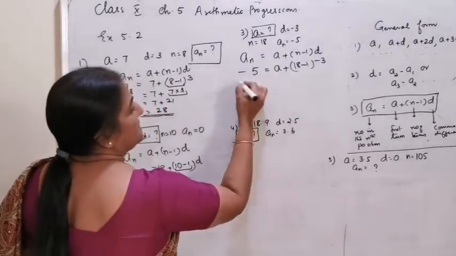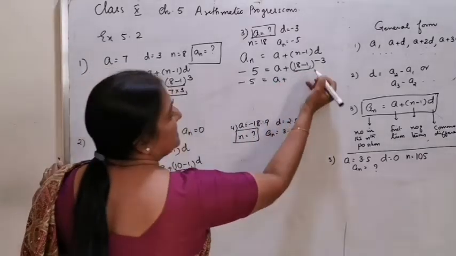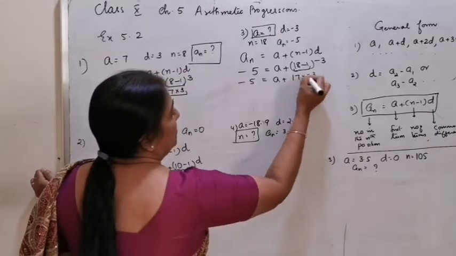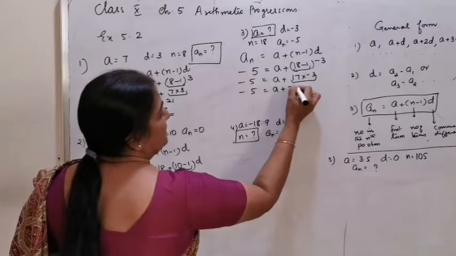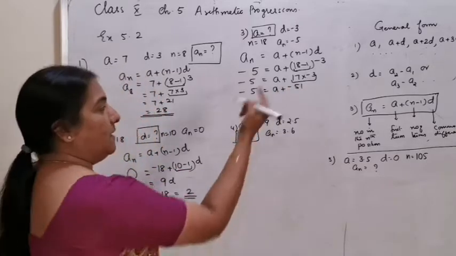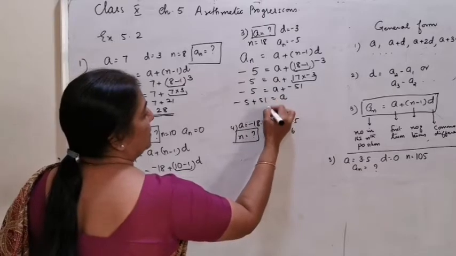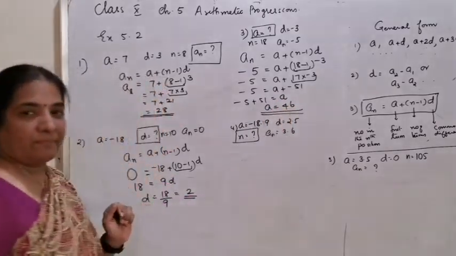Now the next step: minus 5 is equal to a plus, what is 18 minus 1? 17. 17 into minus 3. Minus 5 is equal to a plus minus 51. You transpose it to this side as plus 51, so the value of a is 46.